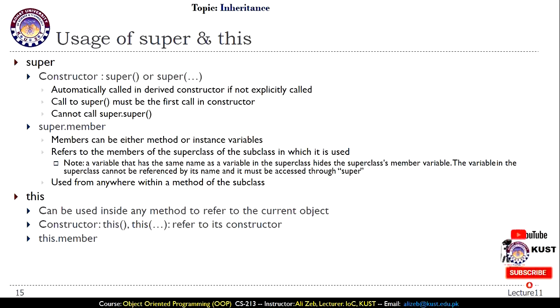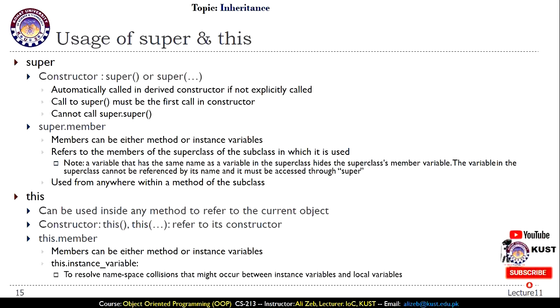We can also use this dot member. We have been using this to refer to our instance variables, and we can also do this with the methods. We usually do this to avoid namespace collisions.